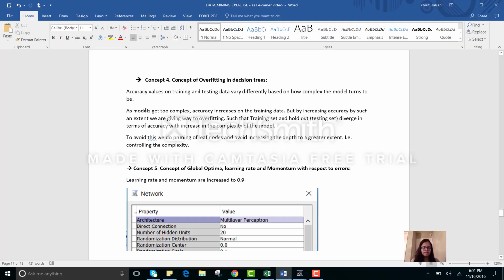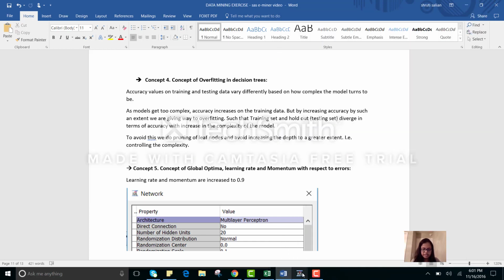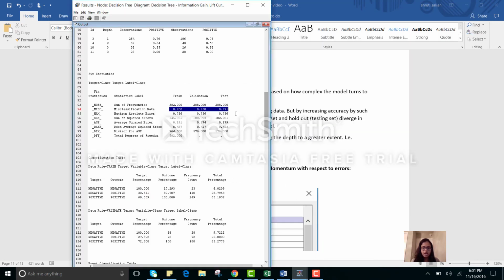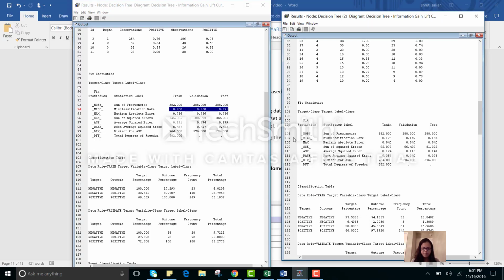What we mean by that is, as the models get too complex, the accuracy increases on the training data, but with the increasing accuracy, the training set and the holdout set diverge in terms of accuracy. The error for the training set reduces, but the error for the holdout set, that is the testing set, will keep on increasing. So that does not generalize.